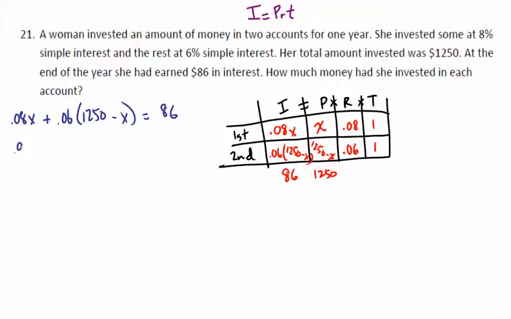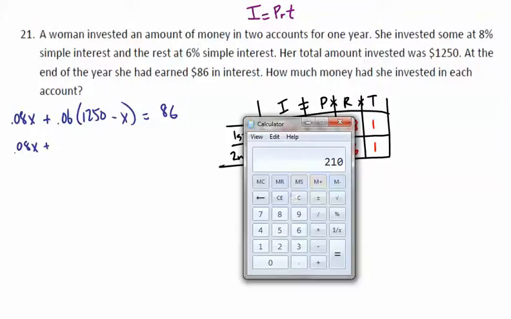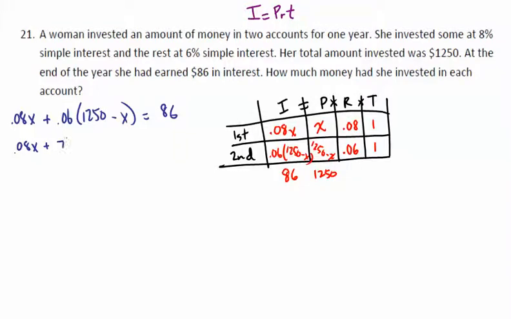Alright, so we're going to need to distribute. On the left we have 0.06 times 1250, and 0.06 times 1250 is $75. Now you have to be really careful here. You're distributing 0.06 to negative X, so we don't want a positive here, we want a negative 0.06X.